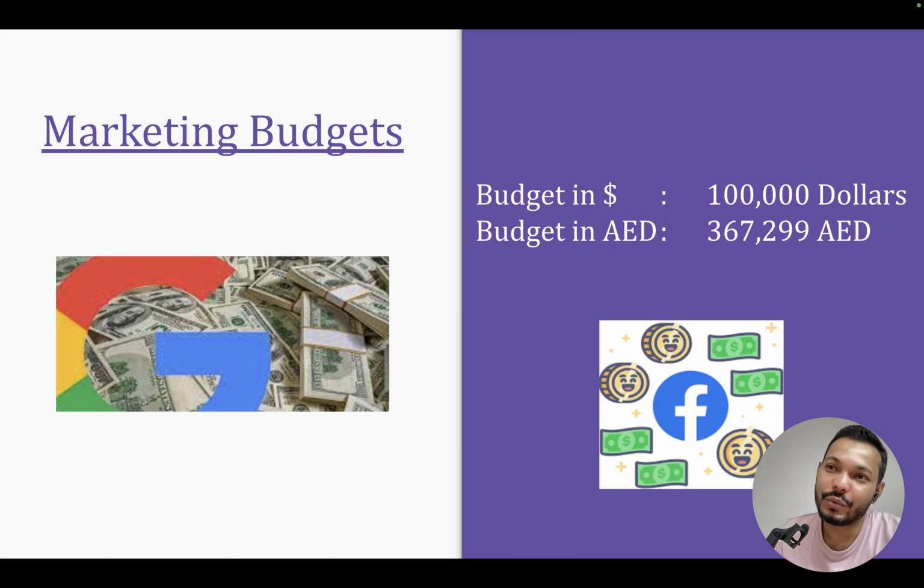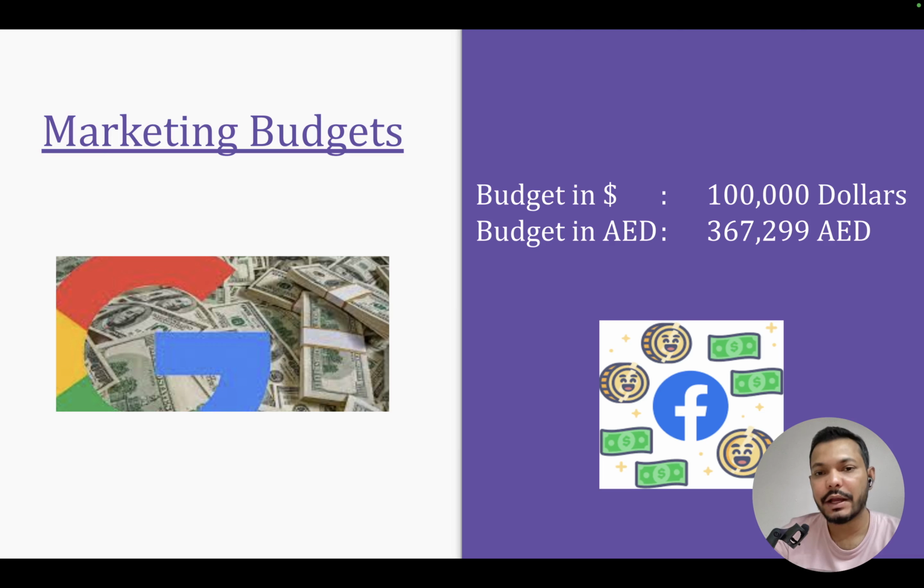Whenever you provide the media plan or marketing plan to clients, they're always looking to know how much return you can generate for them. That's why marketing budgets are really important to keep in the marketing plans.